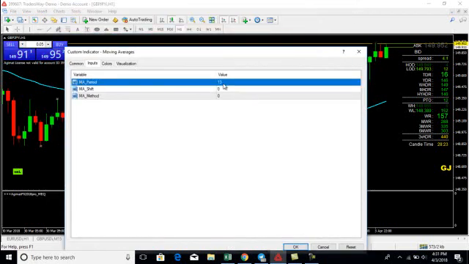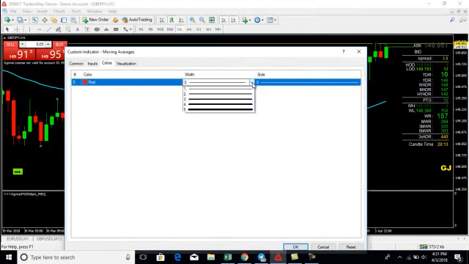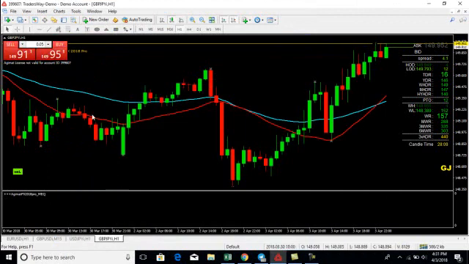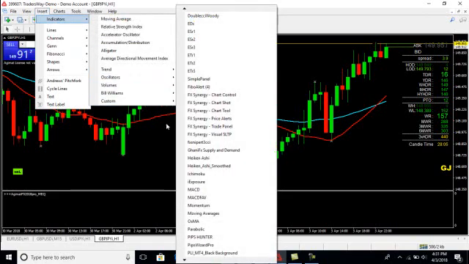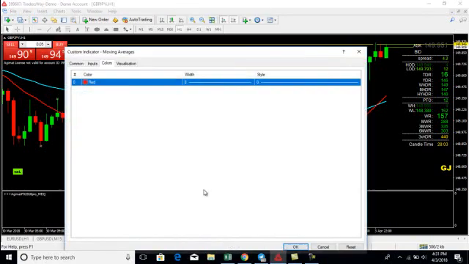So we're going to make this first one your 21. We're going to put that as a 21. We're going to make the color red, and we're going to give it a little thickness, so we're going to put it on 2. Click OK. All right, and then we'll do that again. Insert, indicators, custom. Go over here to moving average.